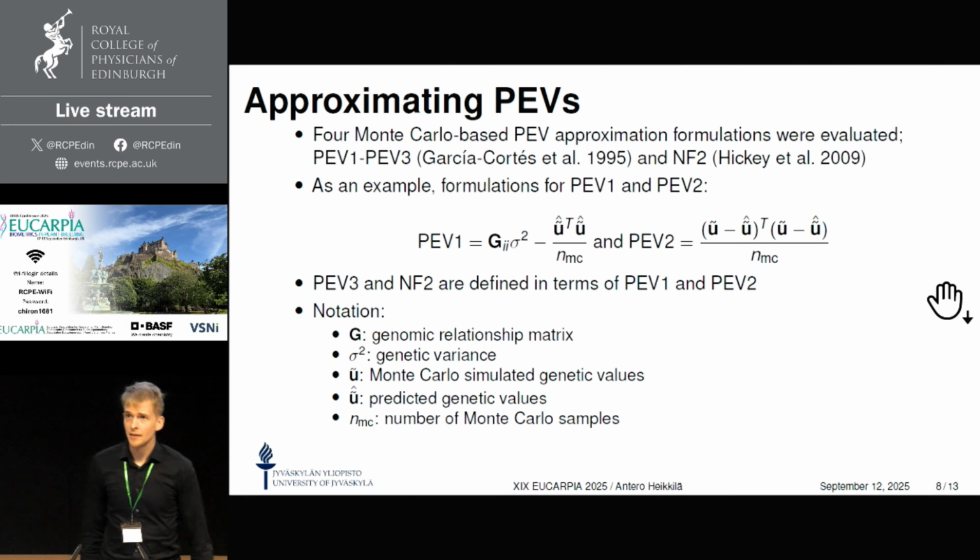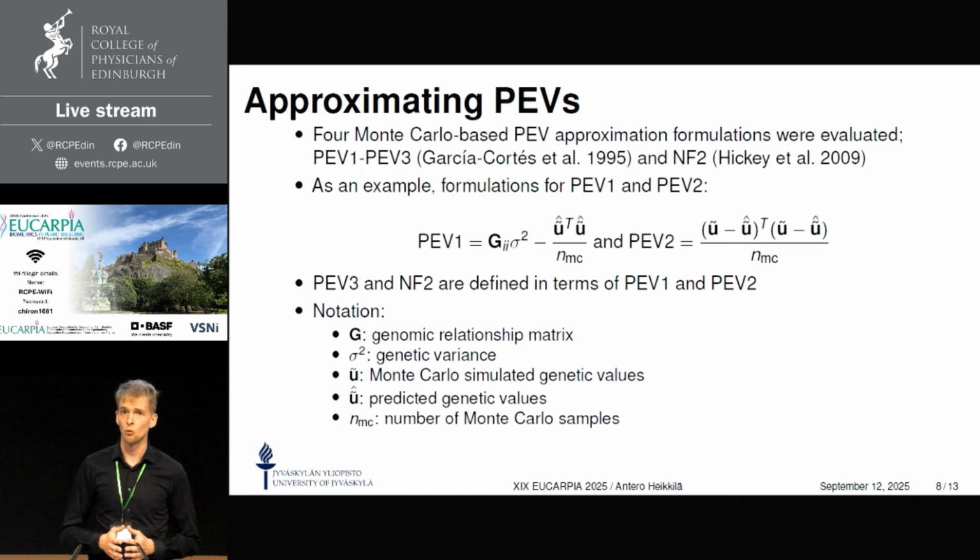And after we have done the Monte Carlo simulation for NMC times, we evaluated 4 different formulas approximating BEVs. You can see 2 of those, BEV1 and BEV2, in the slides.